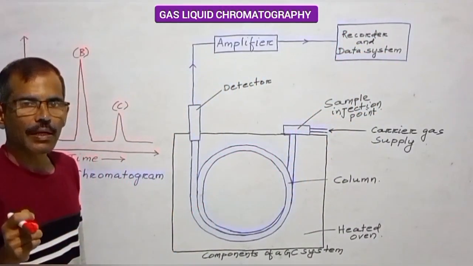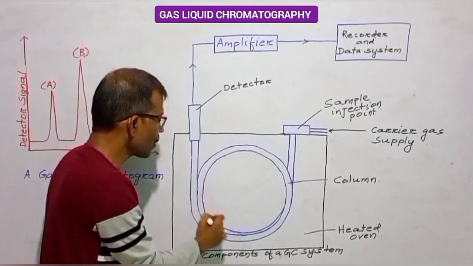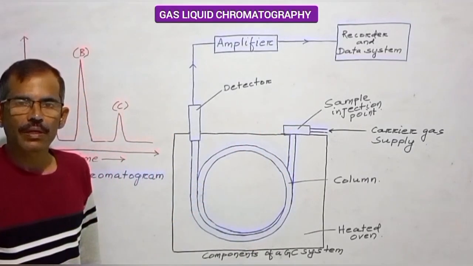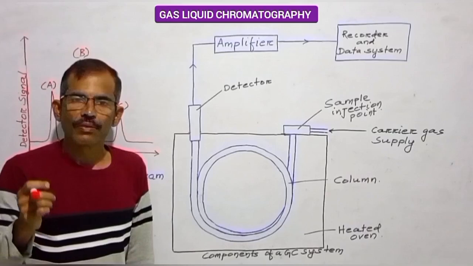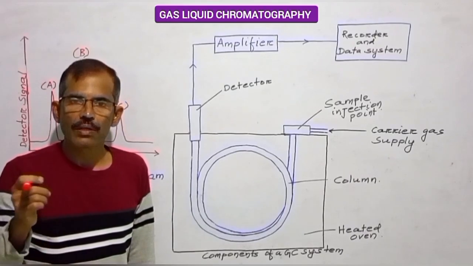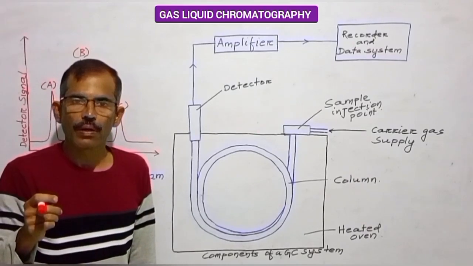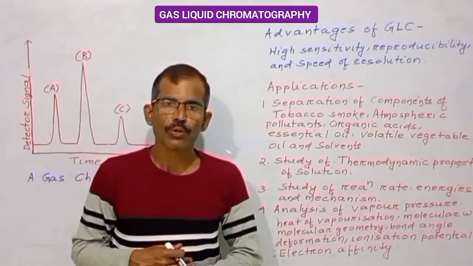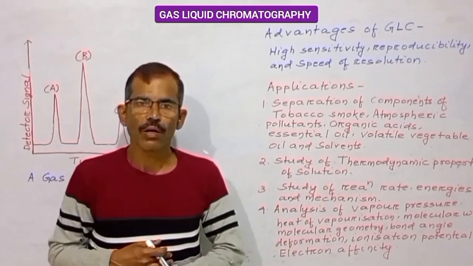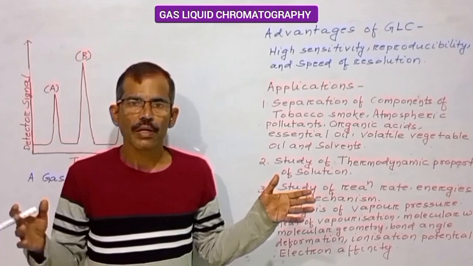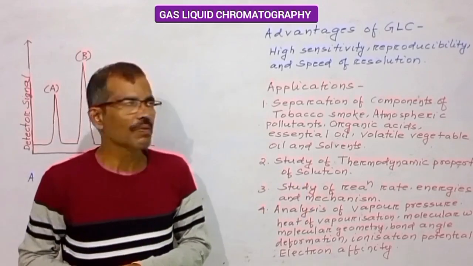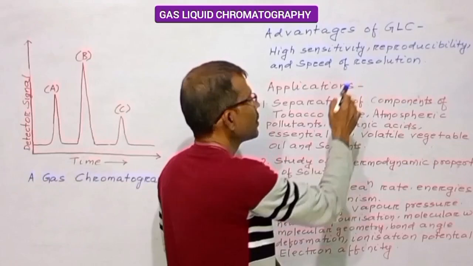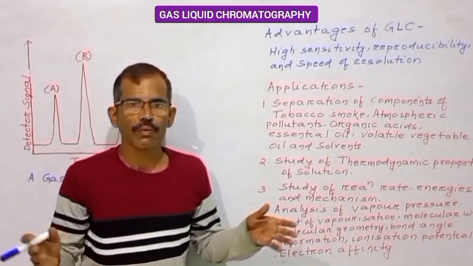In this technique, the temperature of the column is raised to 50 to 300 degrees centigrade to facilitate the volatilization of the sample. Gas-liquid chromatography is routinely used for the analysis of low polarity compounds because of its high sensitivity, reproducibility, and the speed of resolution.